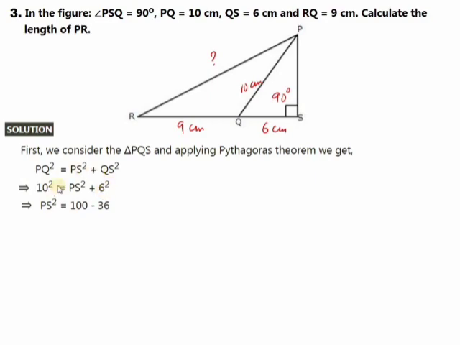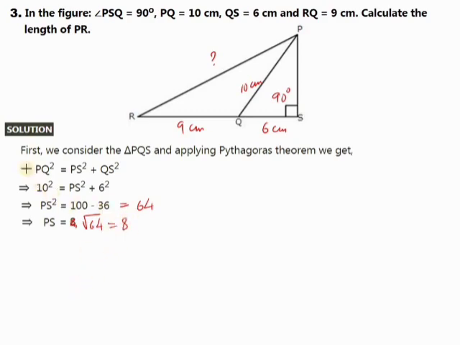You get PS square equals 100 minus 36, which is exactly 64. So PS is root over 64, which is equal to 8.